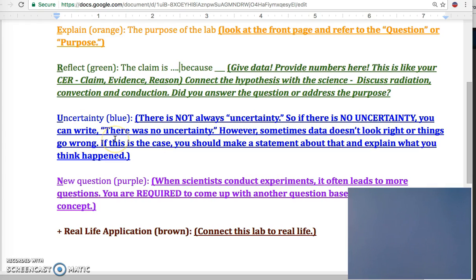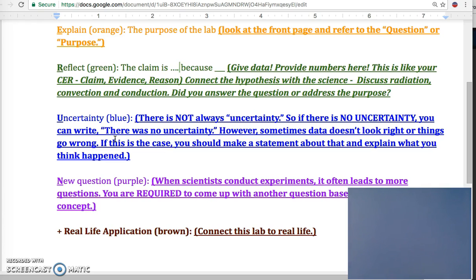Now, uncertainty. There's not always uncertainty in the lab, but sometimes there is. For example, when we were doing the task with the heating and cooling of sand, soil, and water, some people's graphs had little dips. We would expect that as we were heating it up it would continue to heat up and then go down in some pattern, but people had some irregularities in their data.